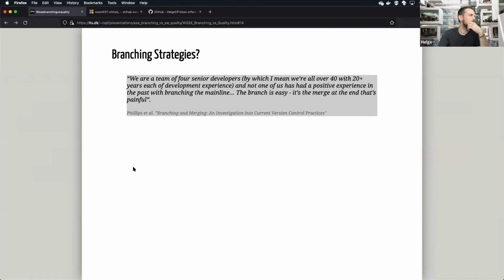There's this quote from a paper, Branching and Merging: An Investigation into Current Version Control Practices, where they asked some practitioners how they actually work with branching, or with version control systems that allow for this branching idea. They are quite old, I think around 40, and they have worked long as software engineers.